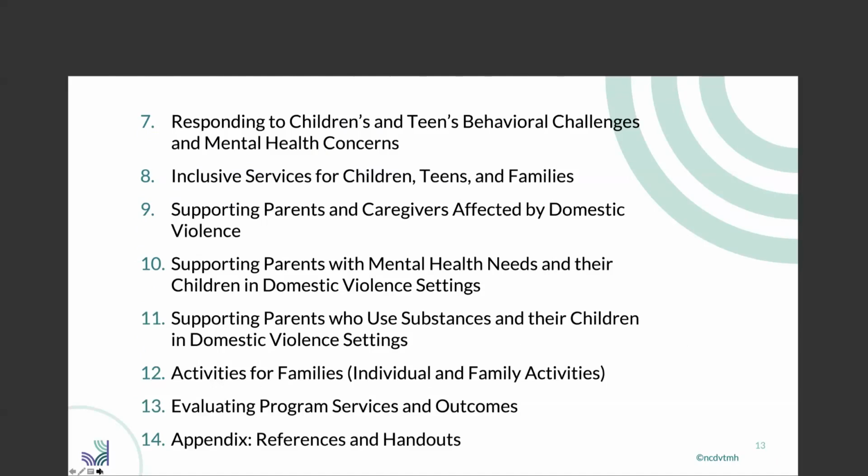Some specific topics within this section include identifying mental health needs of children and teens, addressing aggressive and destructive behaviors in children and teens, dealing with anxiety, depression, and self-harming behaviors, dealing with suicidal ideation and suicidal intent, and also child sexual abuse and problematic sexual behaviors.